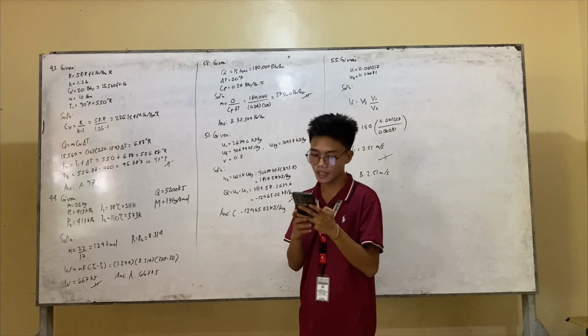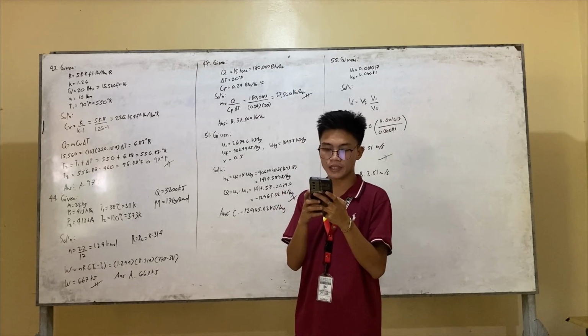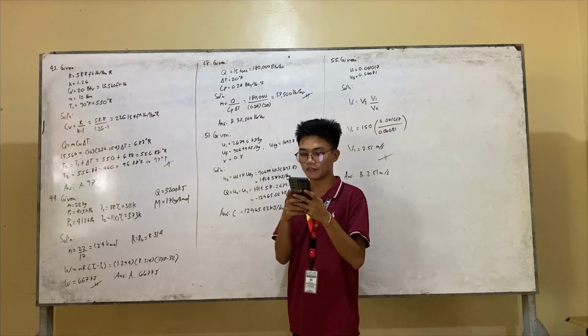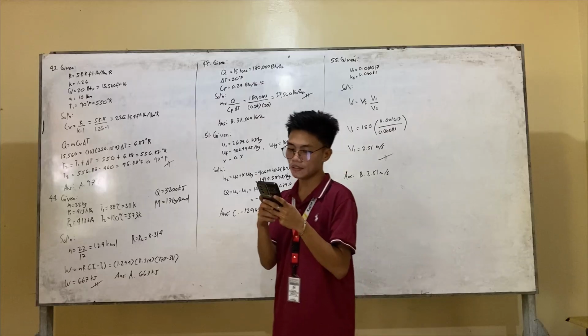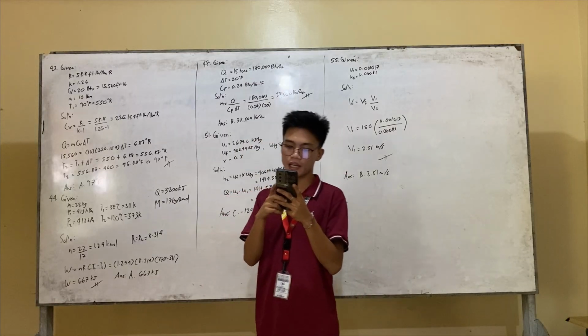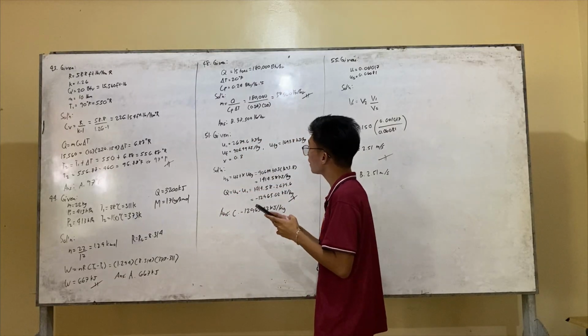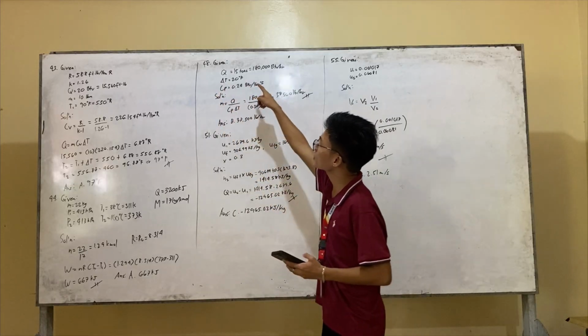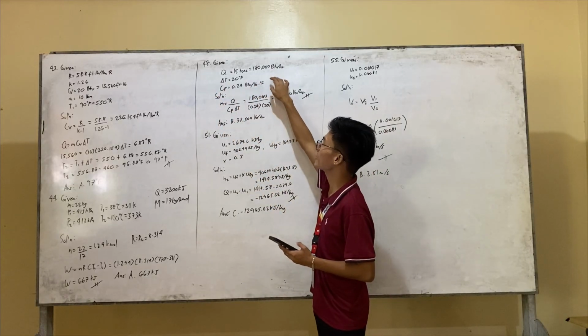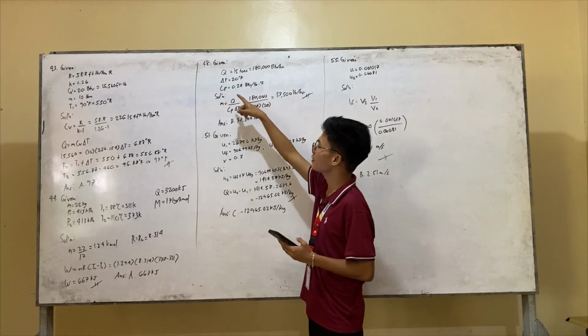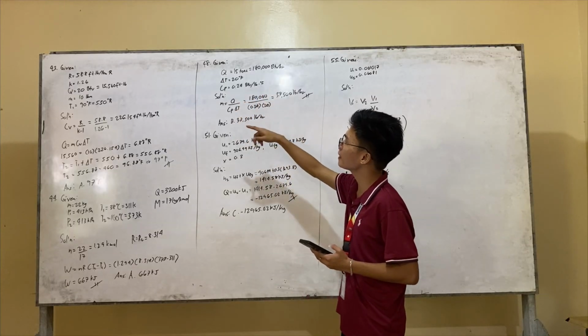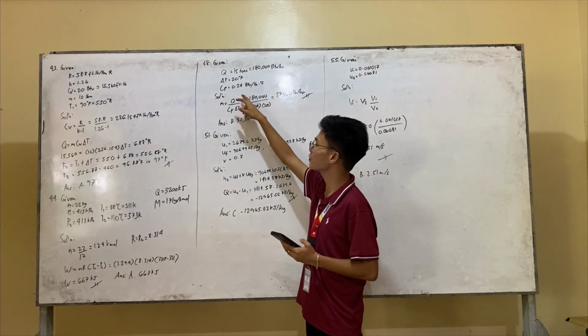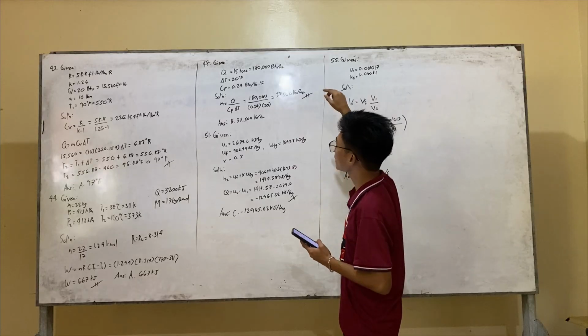The choices are A, 50,000 pounds per hour, B, 37,500 pounds per hour, C, 52,000 pounds per hour, and D, 45,000 pounds per hour. So the given are Q is equal to 15 tons or 180,000 BTU per hour, our delta T is 20 degrees Fahrenheit, and our Cp is 0.24 BTU per pound degree Fahrenheit.